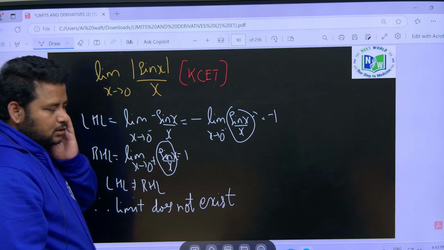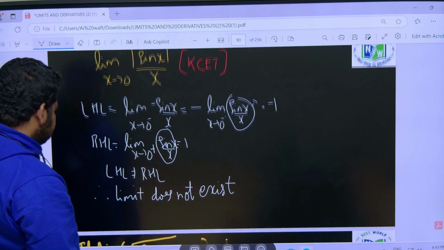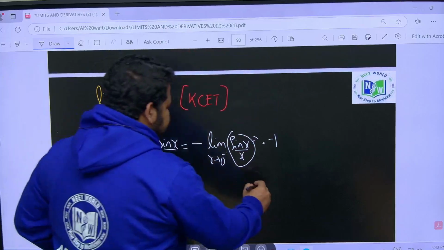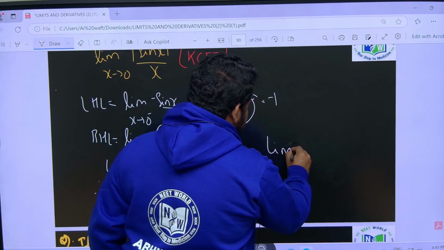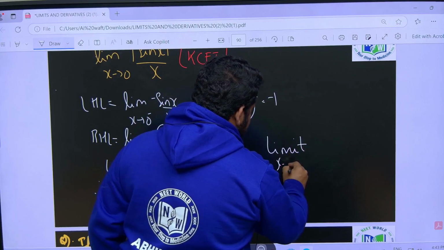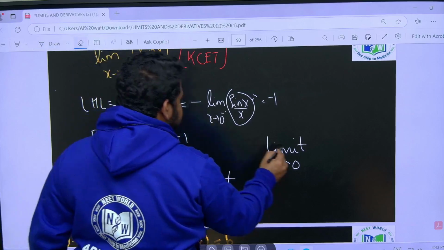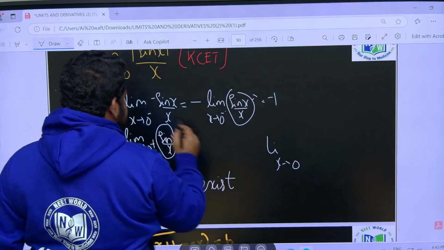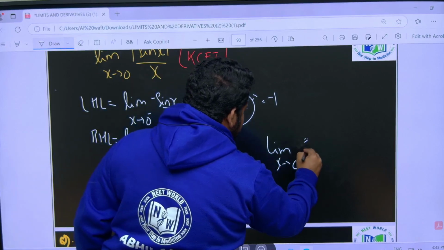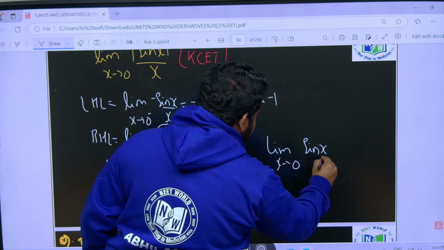Fine. Now suppose they give a question. I'll give you one question, and in the next class I'll be solving it. Limit as x tends to 0 of the greatest integer of sin x by x.